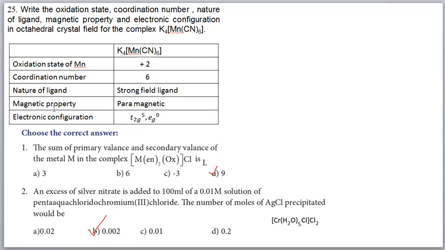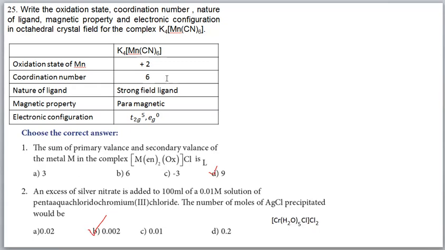Then electronic configuration. First we can see about the electronic configuration. Here you see, scandium, titanium, vanadium, chromium, manganese, fifth element. So 3d5, 4s2. Here plus 2, so 2 electrons are removed from the 4s orbital. So the 3d orbital has 5 electrons.